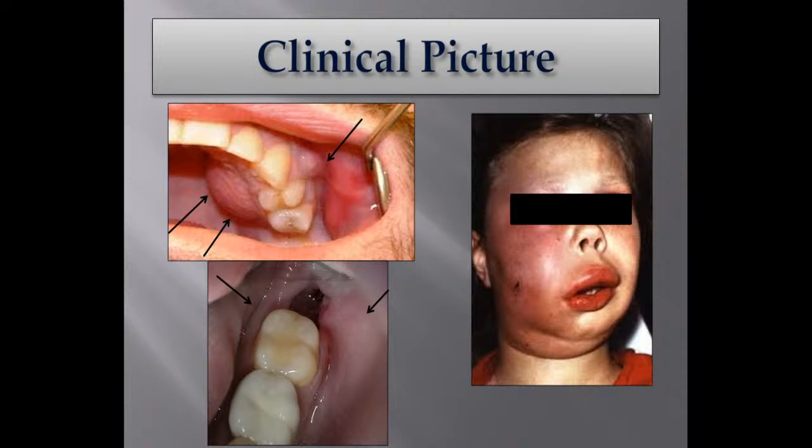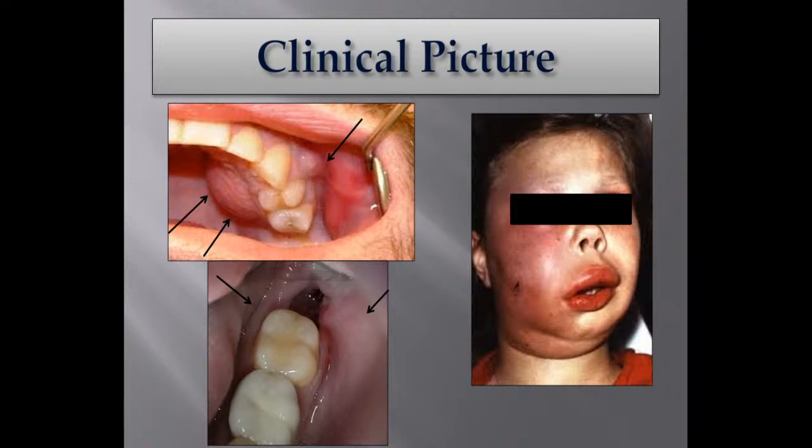And if, due to the investigation of the clinical symptoms, you see such a clinical picture in a patient, you have to know that it's osteomyelitis.